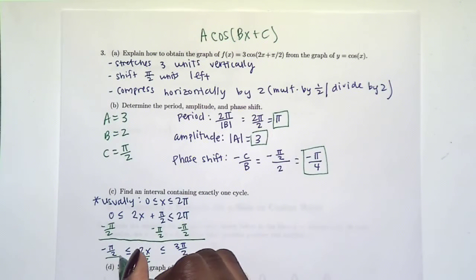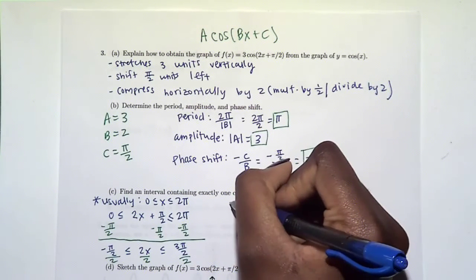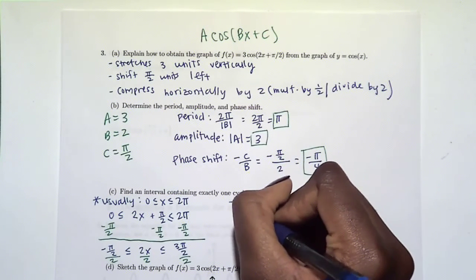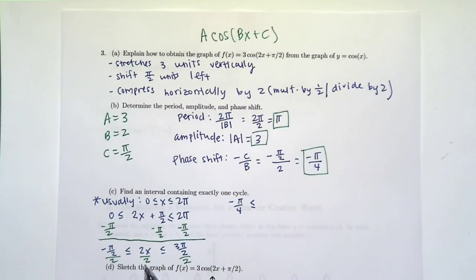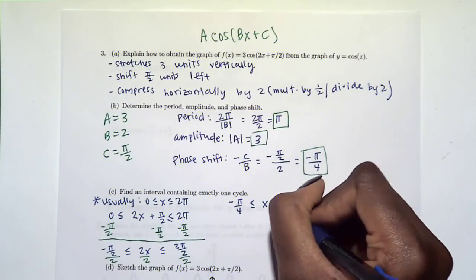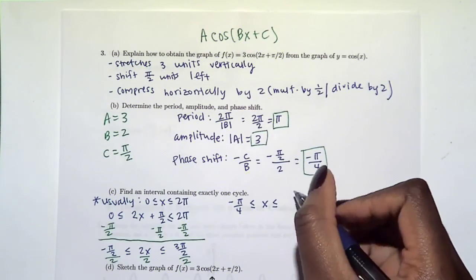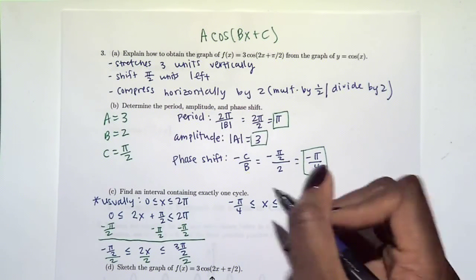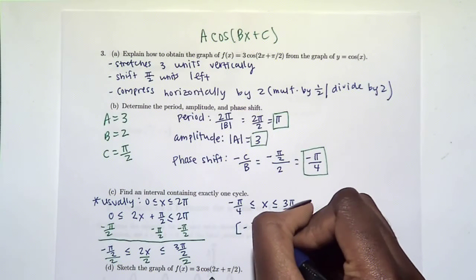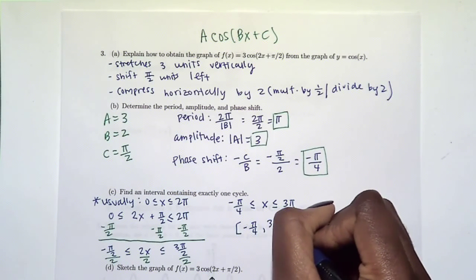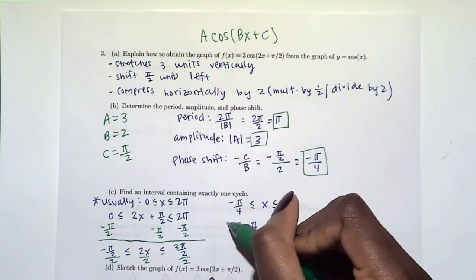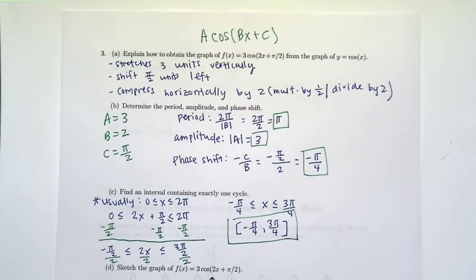So I'm going to divide everything by 2. So we'll have our negative pi over 4, x, and 3 pi over 4. So this is our new interval. That's the interval of one cycle or one period. So before it starts to repeat again.